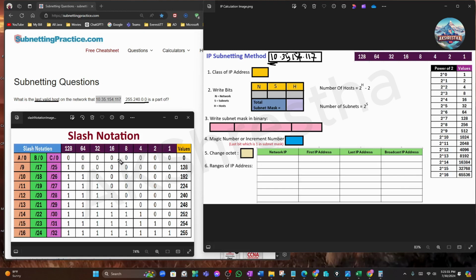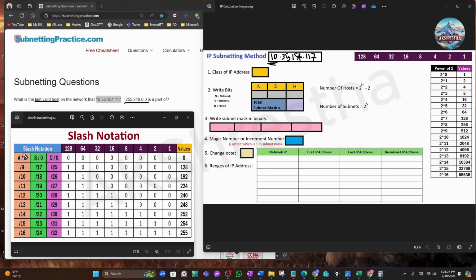I wrote this first, which everyone knows, 128 to 1 right here, and then just put 0s here, and the value is 0. And if you have 1 here, all 0s, 128, 192, 224, 240, something like that, right?